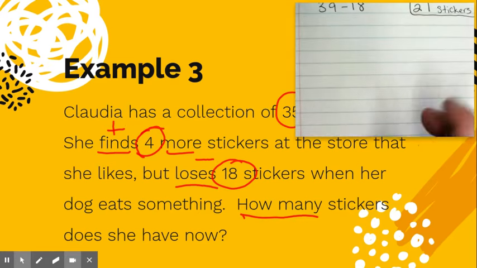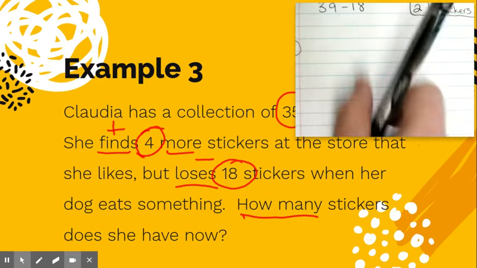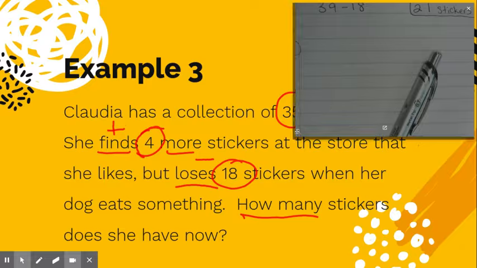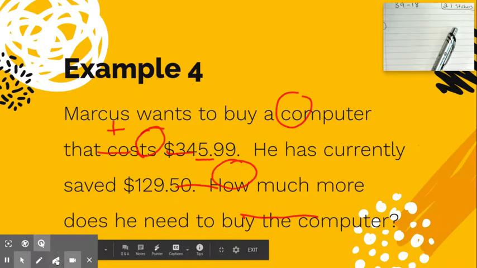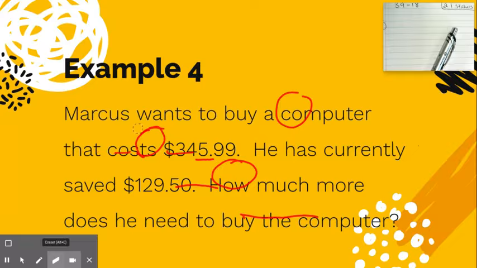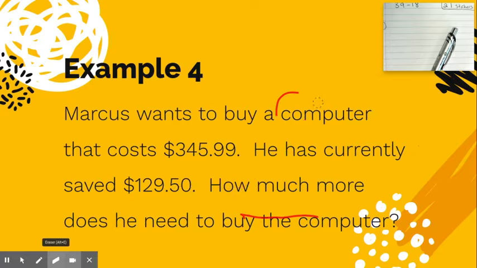We're going to start getting into some harder ones now, with number 4. Marcus wants to buy a computer that costs $345.99. He has currently saved $129.50.